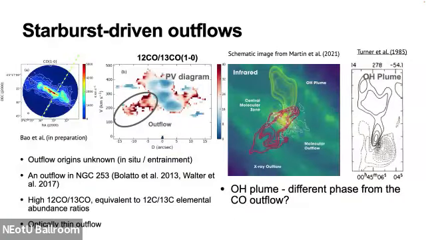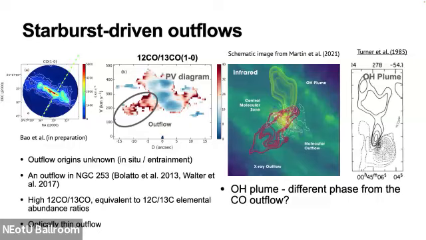Okay, we were also doing some analysis for starburst-driven outflows. NGC 253 has an outflow that had been already identified. We also did some analysis of 12CO over 13CO, and the ratio looks quite high, as high as the elemental abundance of 12C over 13C observed in the literature.